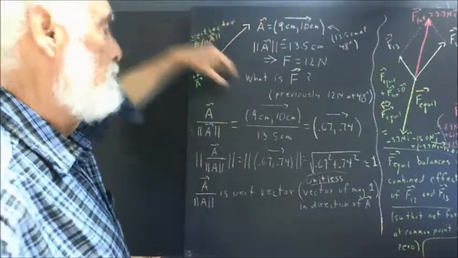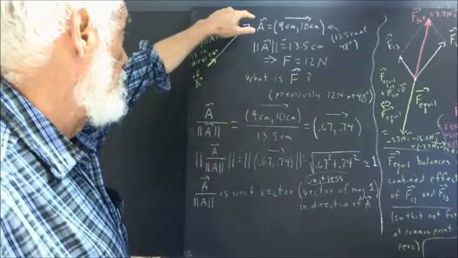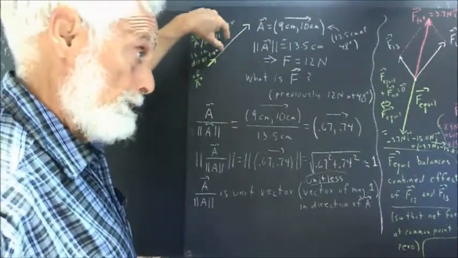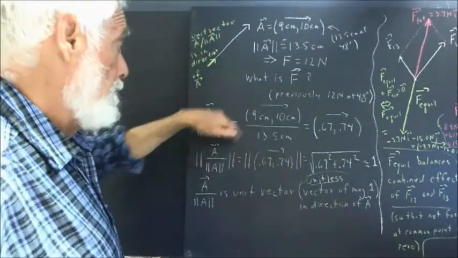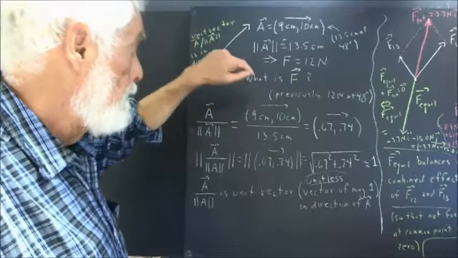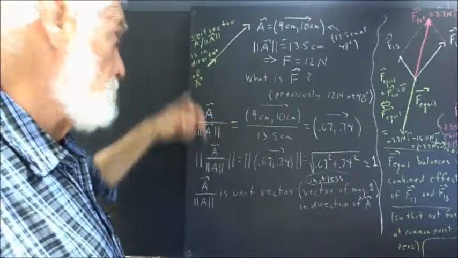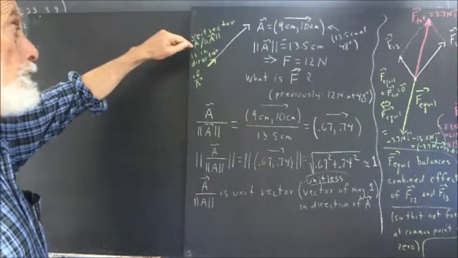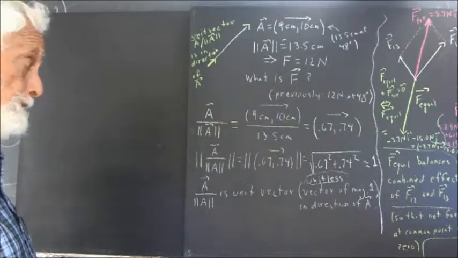It would be 13.5 times shorter than A. This is longer than that because I'm not drawing the vector A over 13.5. I'm drawing the unit vector A over 13.5 centimeters. Anyhow, that's a unit vector in the direction of A.